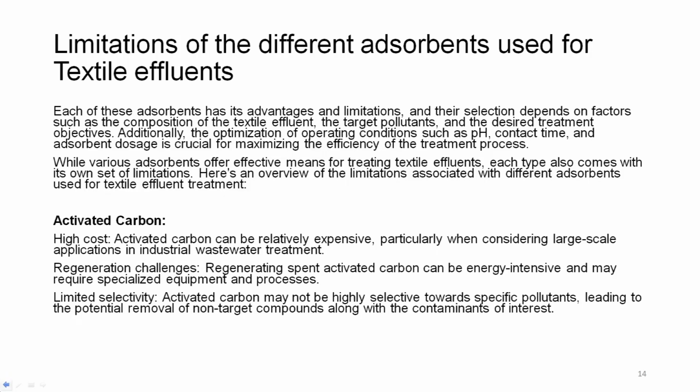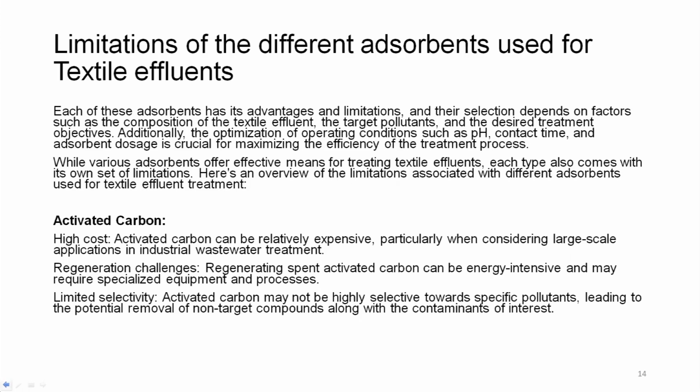Like every good thing, the thing may also have limitations, so does the adsorbent. So, limitations of different adsorbents used in textile effluent. Each of these adsorbents has its advantages and limitations undoubtedly, and their selection depends on factors such as composition of the textile effluent, the target pollutants and the desired treatment objectives.